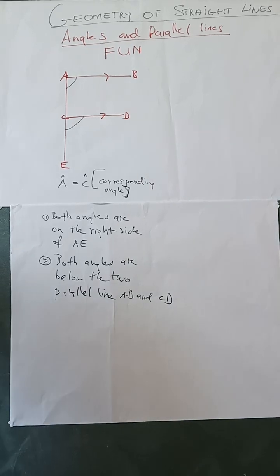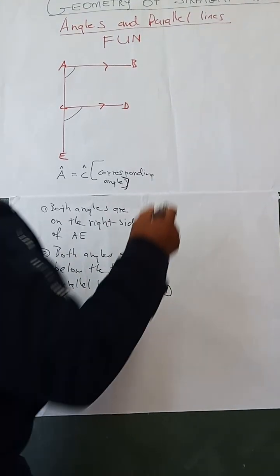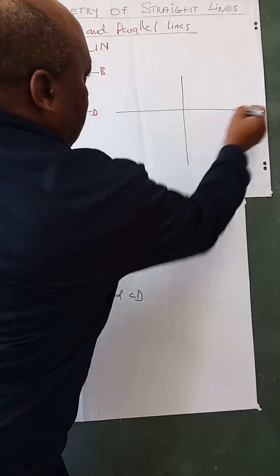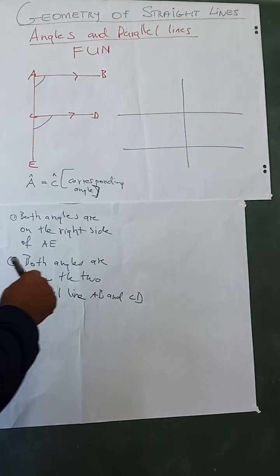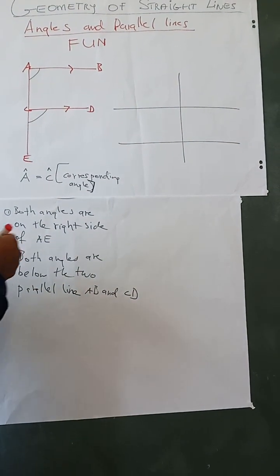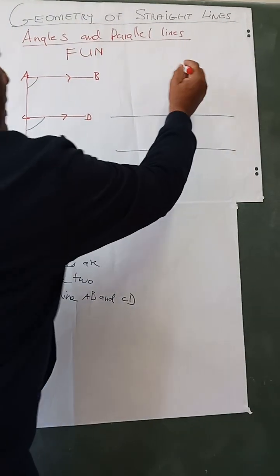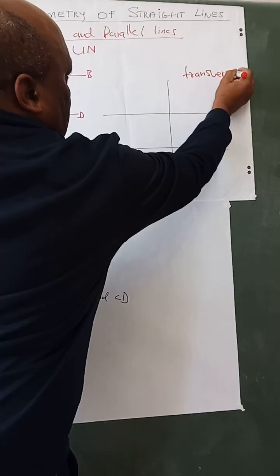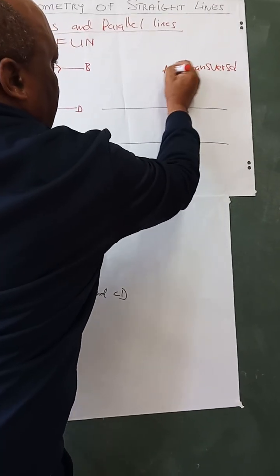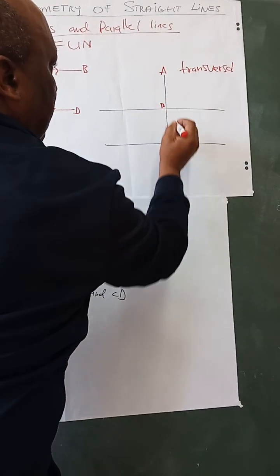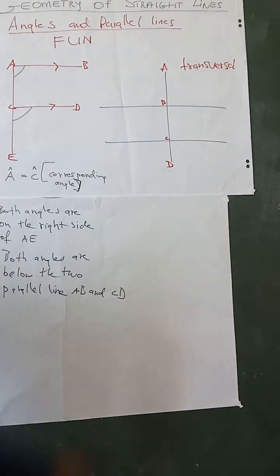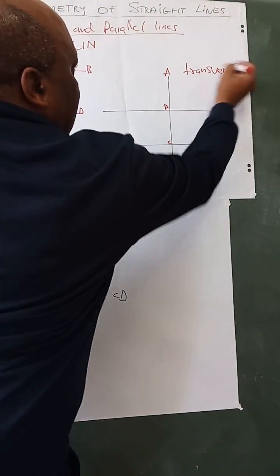Now, let's have this figure. Let's draw this figure. Then we say this line is a transversal. A, B, C, D. This line AD is a transversal.